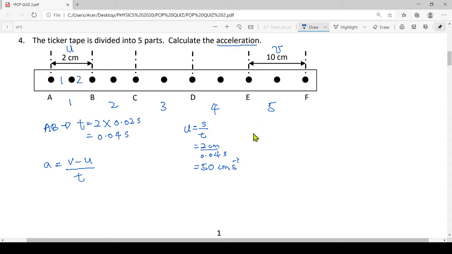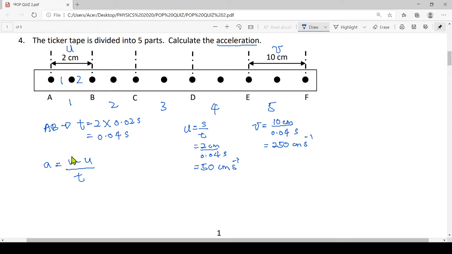Alright, and then my final velocity, that will be 10 centimeter divided by 0.04 second. You will get the answer 250 centimeter per second.